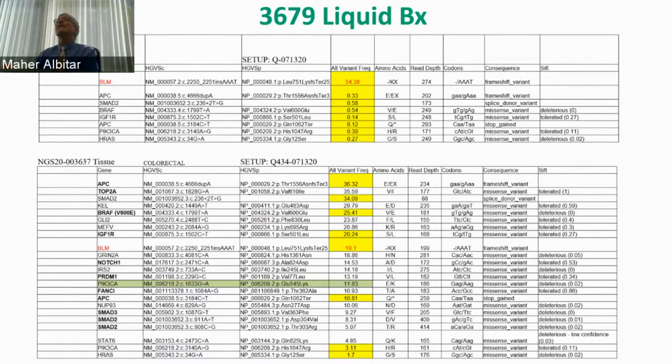That mutation was detected in the peripheral blood cell-free DNA, versus the one at 11% in the tissue, which wasn't detected in the peripheral blood. So this gives you some idea about the complexity when tumors spill their DNA into circulation.